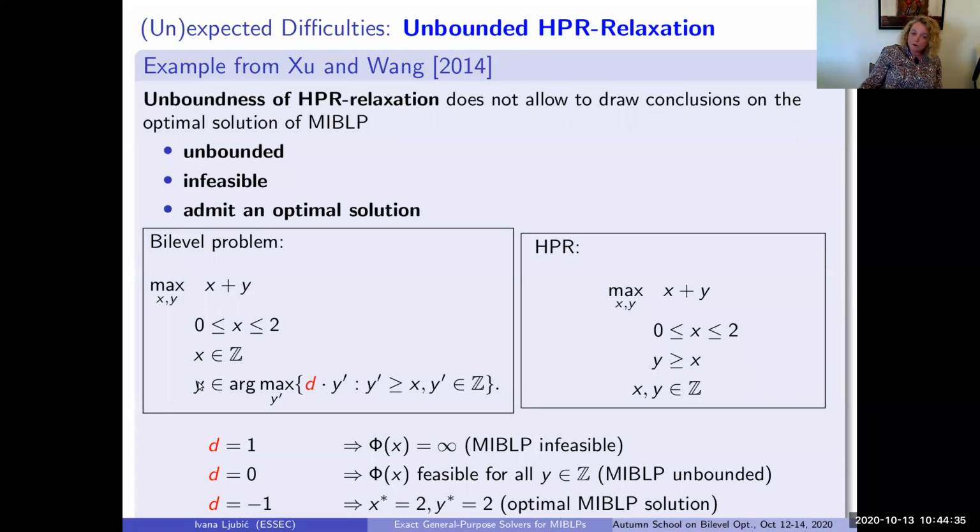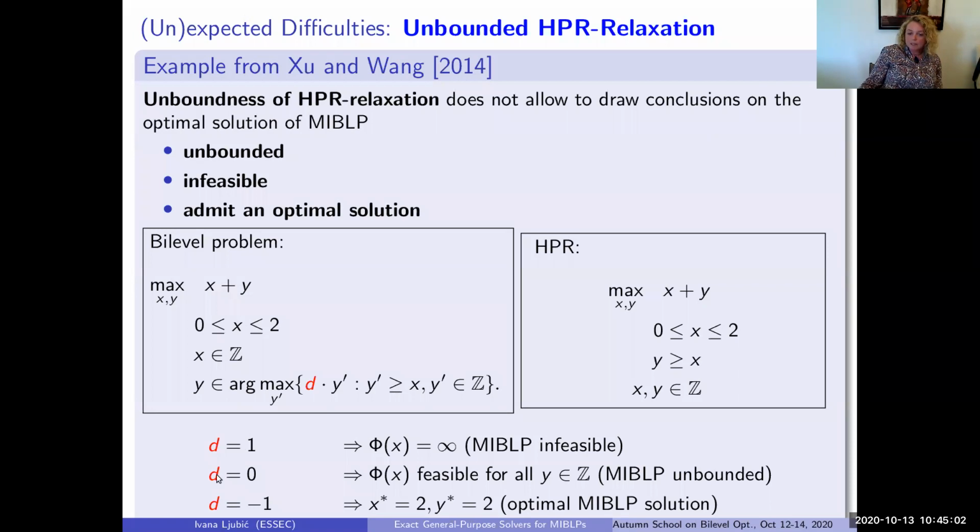And hence, if there is no y which maximizes this objective function, then the whole problem is infeasible. Okay? So in other words, if the lower level problem is unbounded, then the bilevel problem is infeasible.